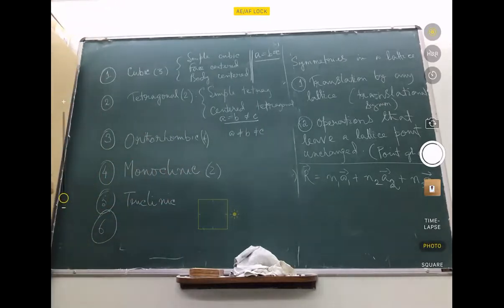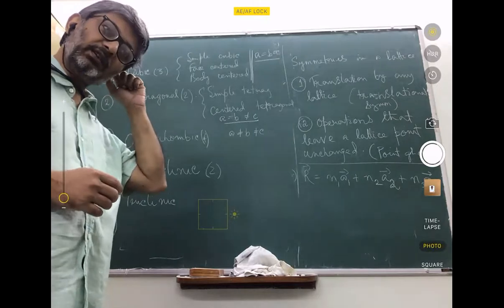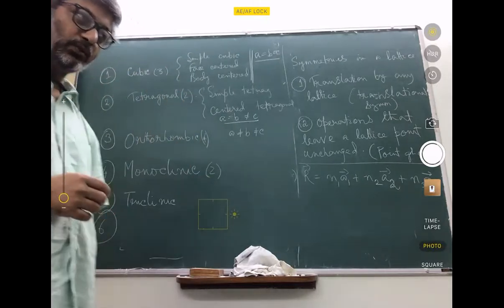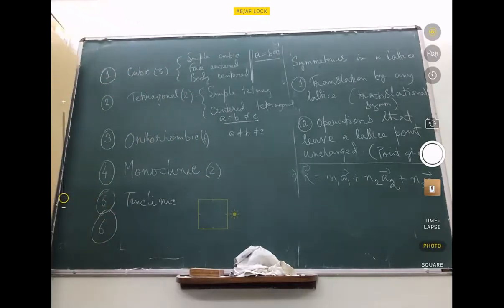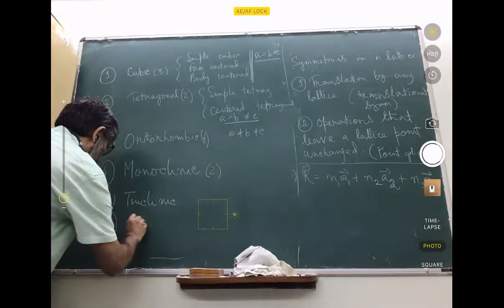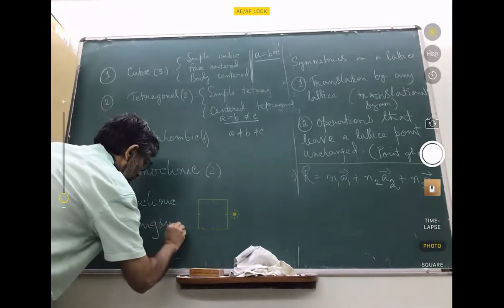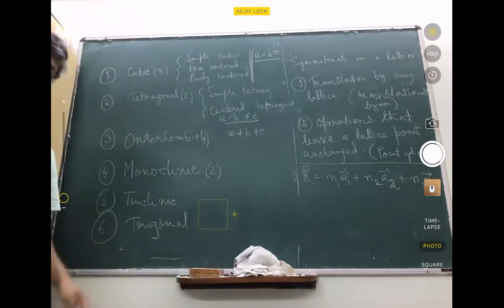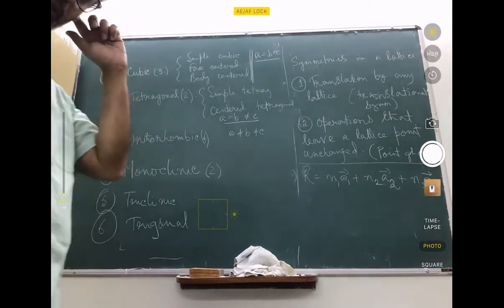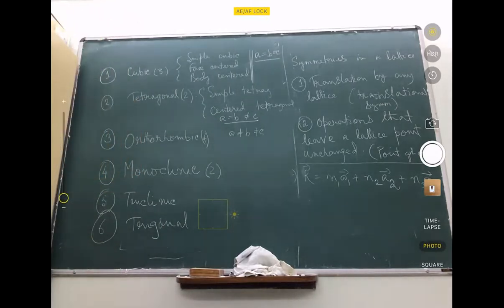But suppose I had distorted the cubic structure along its body diagonal to start with. Then I would have got what is called a trigonal lattice. And there is only one type of trigonal lattice.